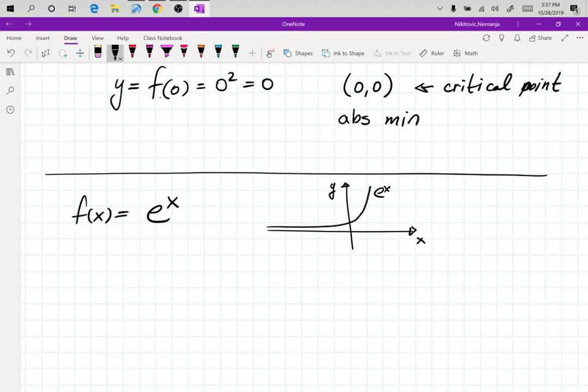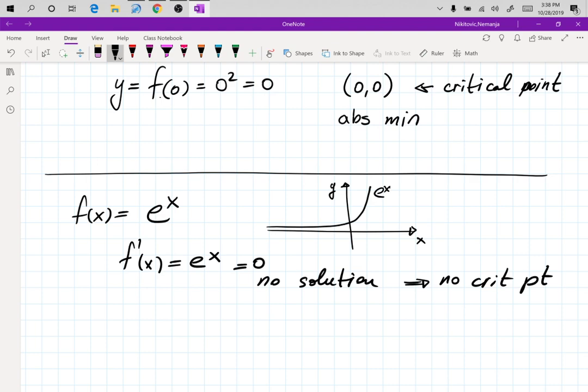We can't claim max at infinity. Infinity is not a point. Max and min can only happen at a point. So it doesn't have one if you look at it. And we can prove that now simply by finding the derivative, which is e to the x. When you set it equal to 0, this equation has no solution. When it has no solution, that means no critical point, and no critical point means no min or max.